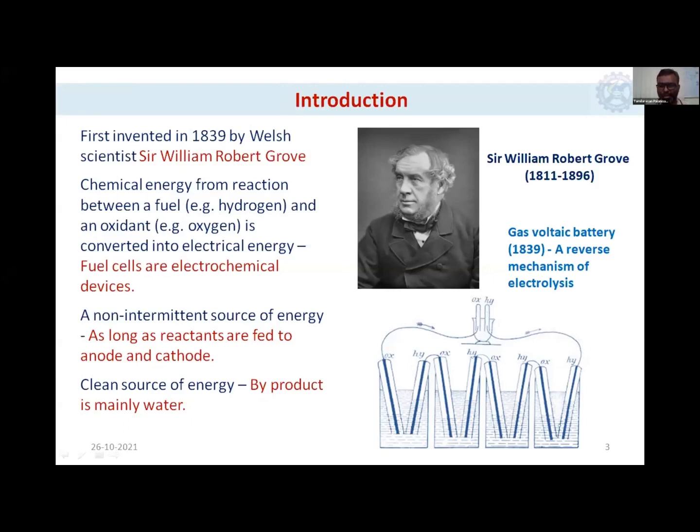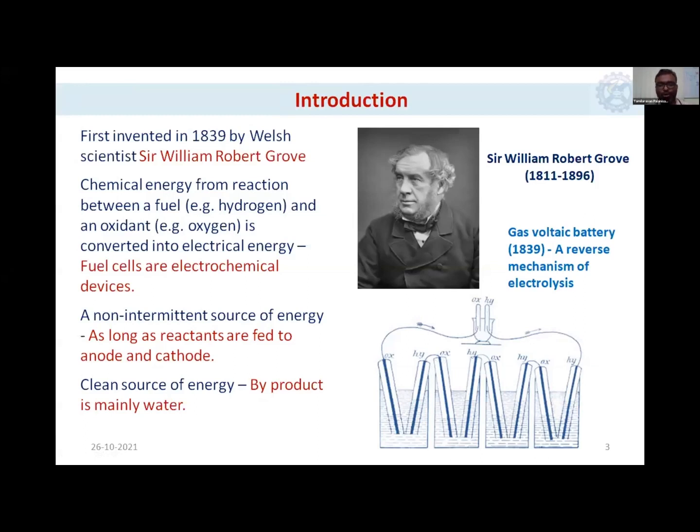Okay, and here I have just given Sir Grove's experimental device, where he has demonstrated the production of oxygen and hydrogen. That means water electrolysis using the hydrogen-oxygen cell. So whenever you get oxygen in this tube and hydrogen in this tube, that means electricity is supplied through these wires, and you have connected all these cells in series, so that your potential will be added up.